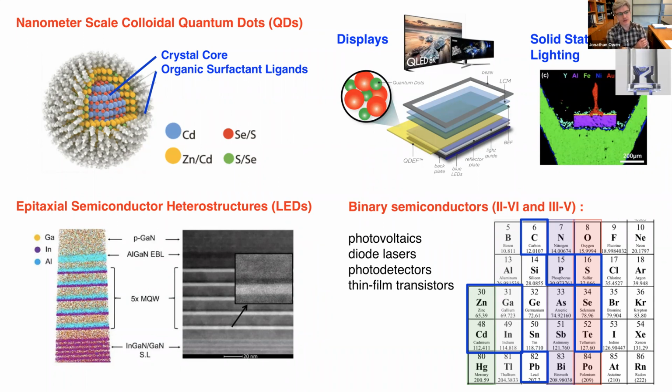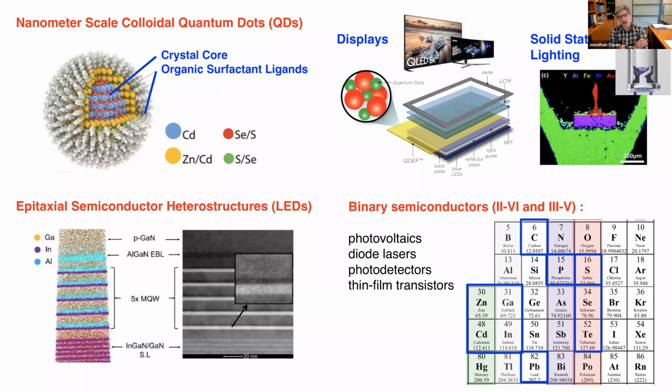The sort of classical ones are made out of cadmium and selenium, or cadmium and sulfur, or zinc and sulfur and selenium. And it turns out that you can get all kinds of really interesting properties when you combine these materials. Okay, and as I said, the synthesis of these things was sort of taken or inspired by work that had been done in solid state devices like the one that you see on the lower left.